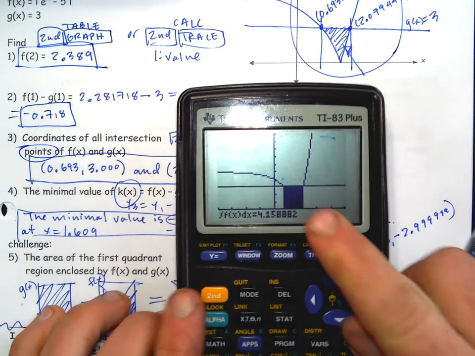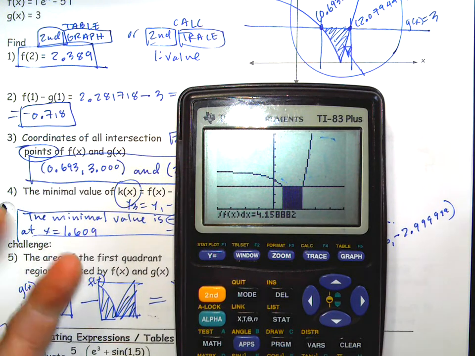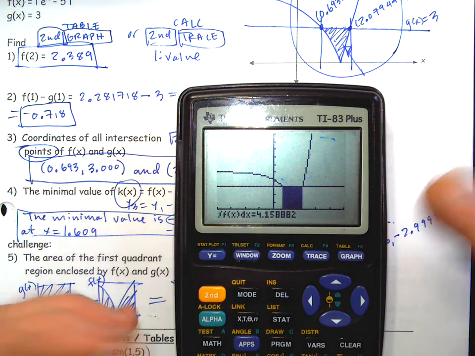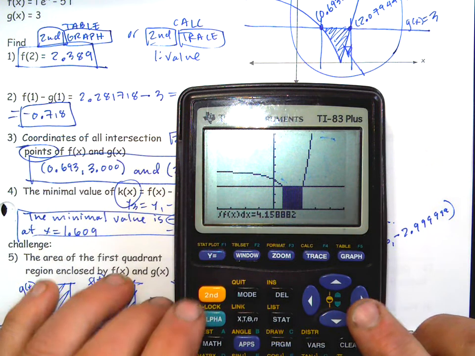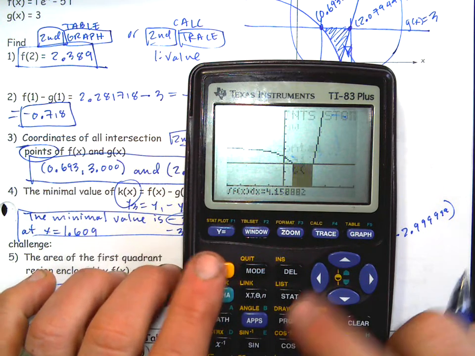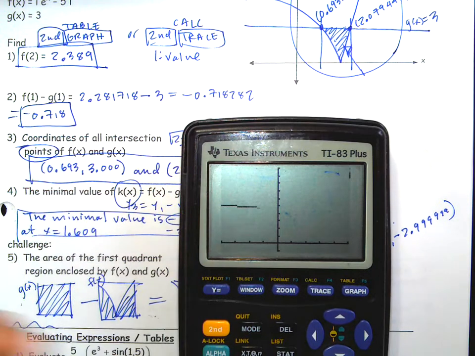Now you're going to do the other one. The thing is that this region's shaded, so you're not going to be able to see it. The way you can get rid of that is to go to the draw menu, second program draw, and say clear draw. What it does is it regraphs it cleanly. Otherwise, the only other way is to change the window, and that forces it to regraph.